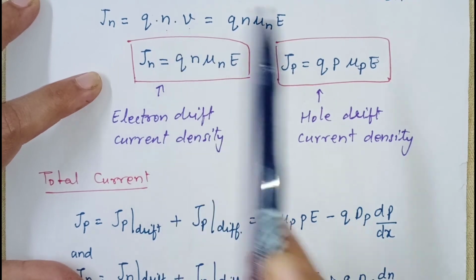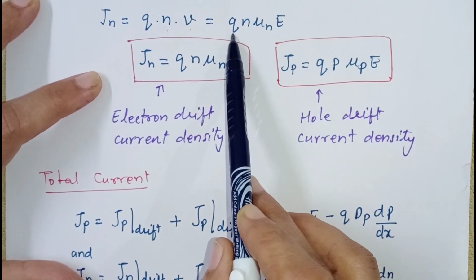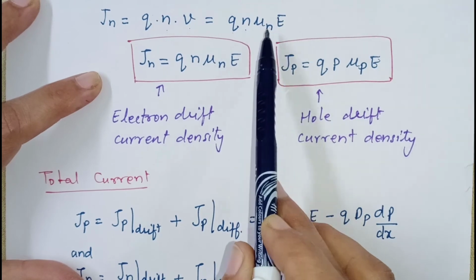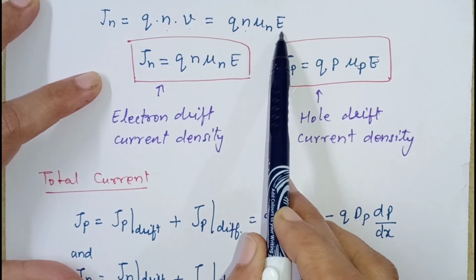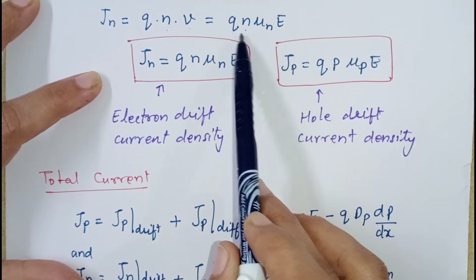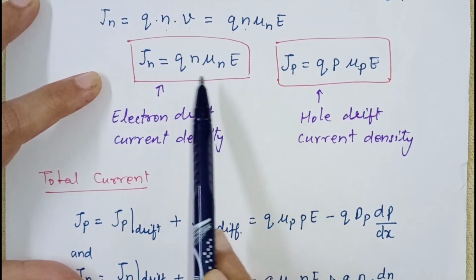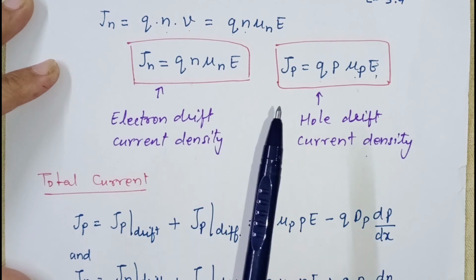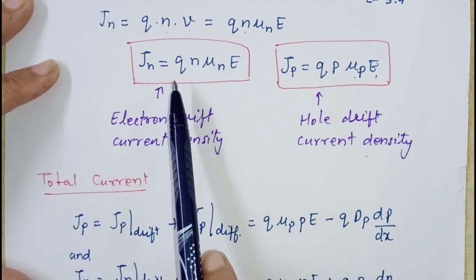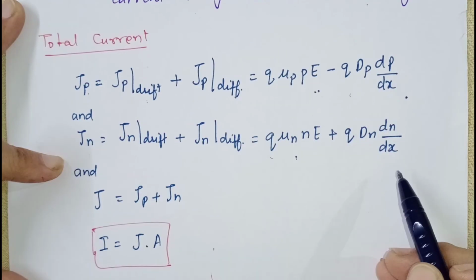By putting the value of v, we can get charge, number of electrons, mobility of electrons and electric field. So this is the final equation of electron drift current density. So these are the drift current densities of electrons and holes.